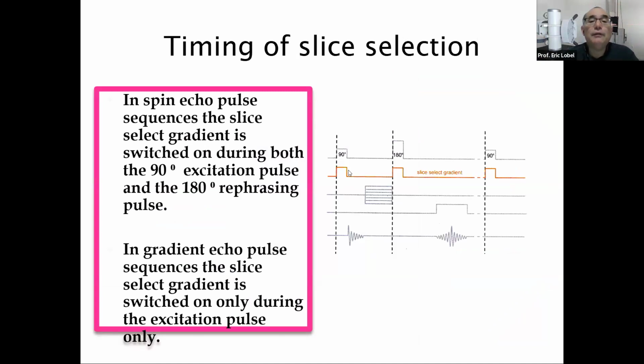The slice select gradient will go on every time there's RF. To read these diagrams, start at the top left, and anything happening underneath is happening simultaneously. Then we look towards the right. The very next thing to happen is the creation of a free induction decay signal. Remember, generally we don't record that.